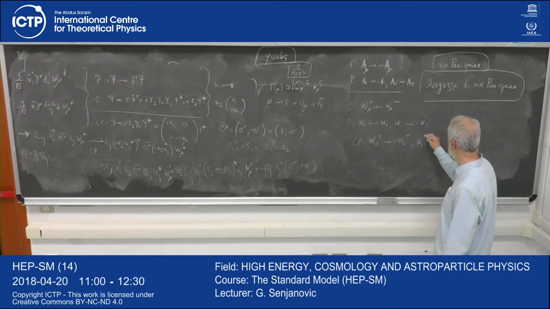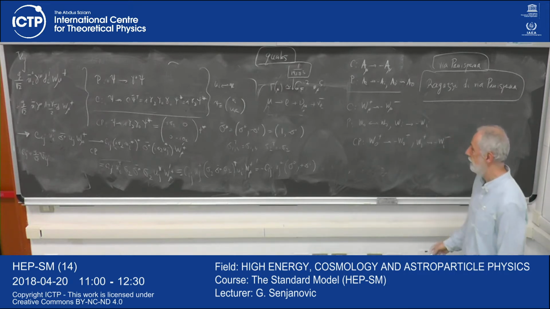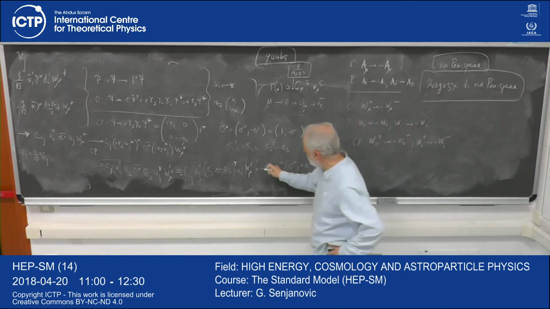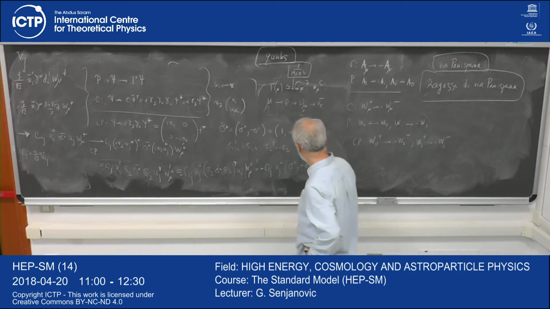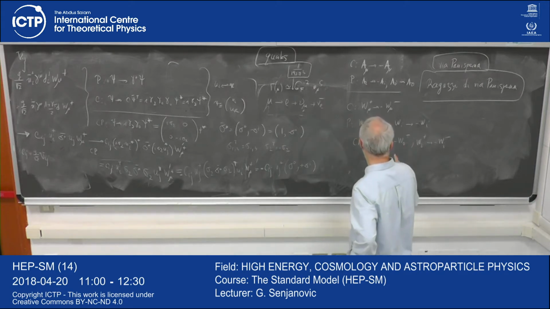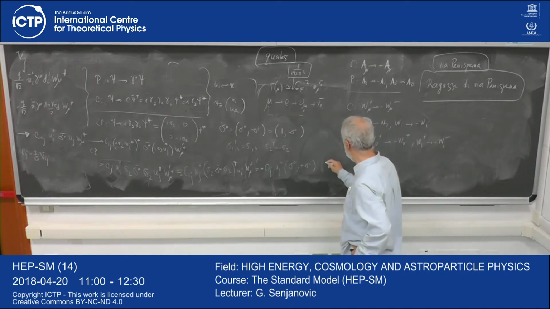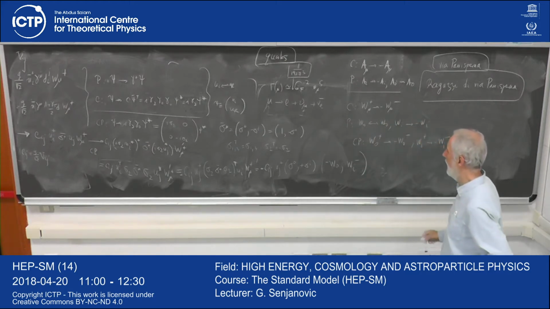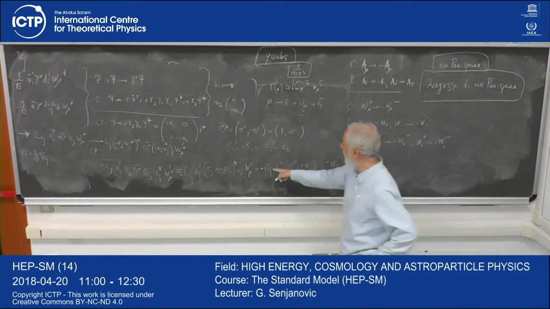And WI plus goes into minus WI minus. So you see, I changed the sign here. I had a minus sign here. And where there is a W0, there will be minus W0 plus WI minus. Minus sign and minus sign.